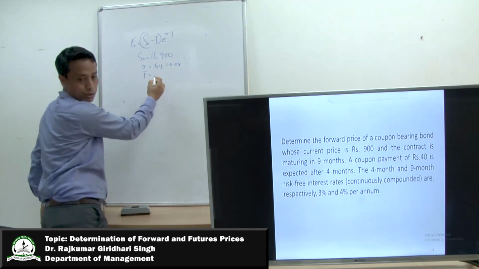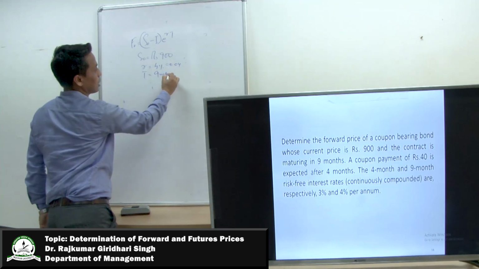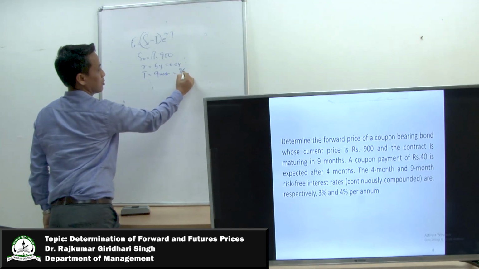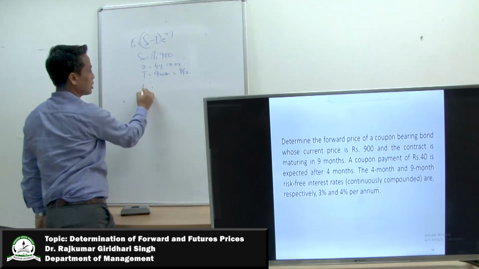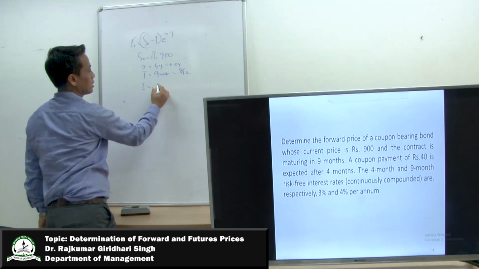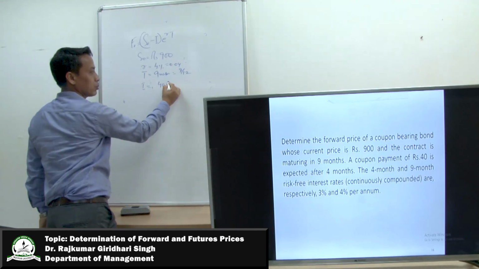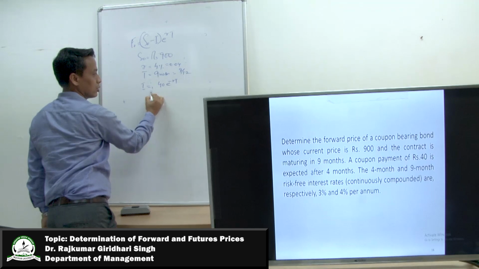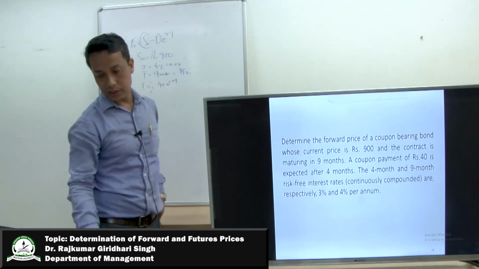Then T is for 9 months, and when you express it in terms of years, it has to be 9 by 12. Now the question is, what is the value of I? I value is 40, but we have to express it in terms of present value, so we have to work it out like this.